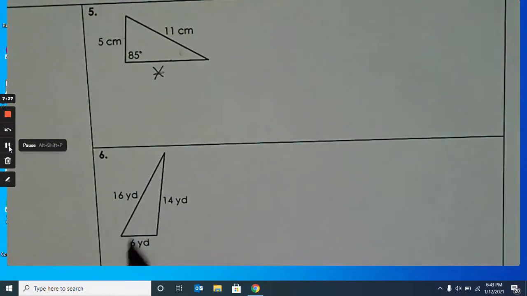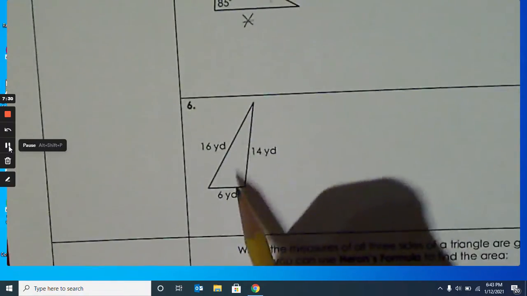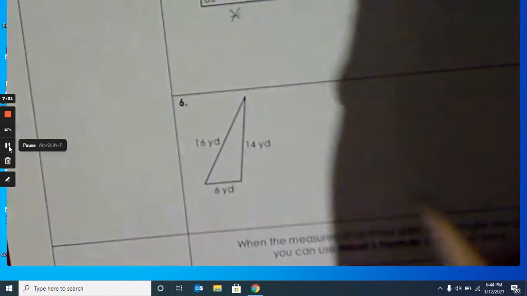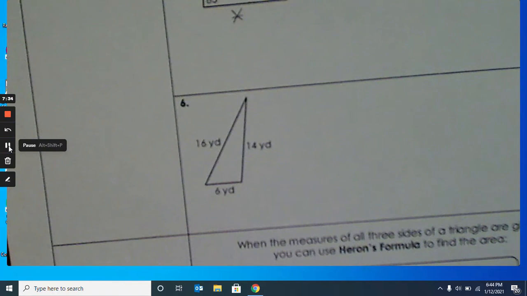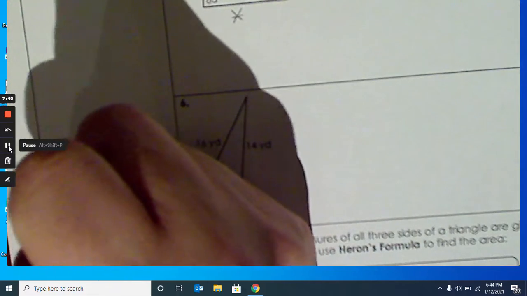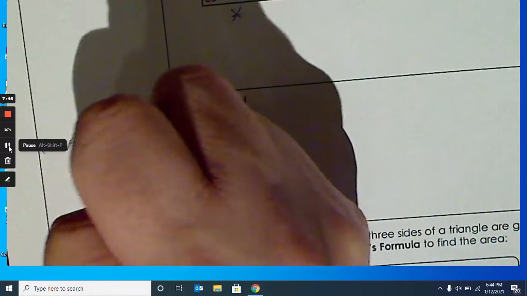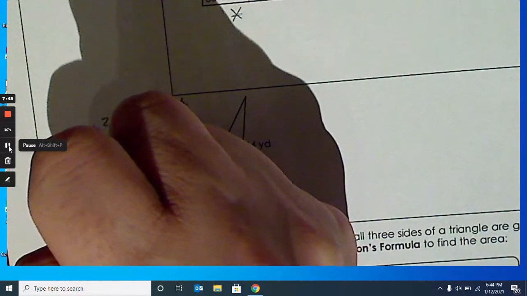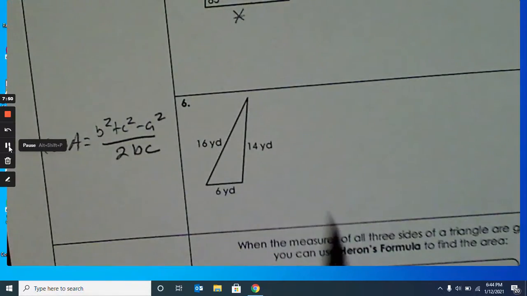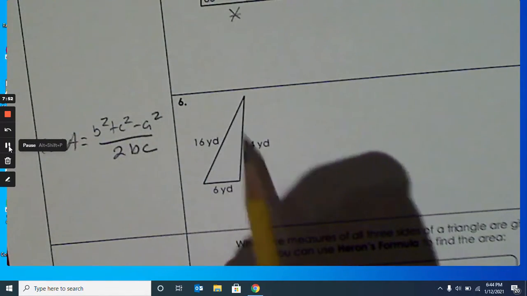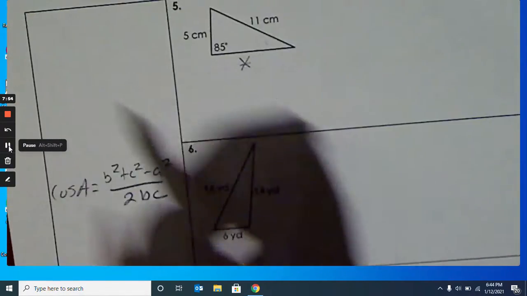And then this one right here is going to use the variation where you have the cosine of the angle, which is going to be equal to b squared plus c squared minus a squared all over 2bc. And then I can use the law of sines to figure out the rest of this.